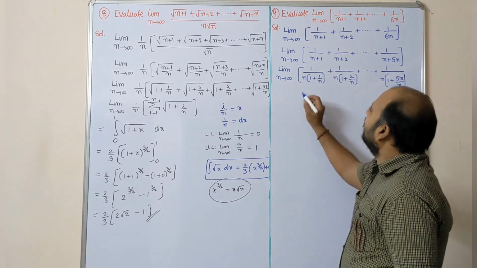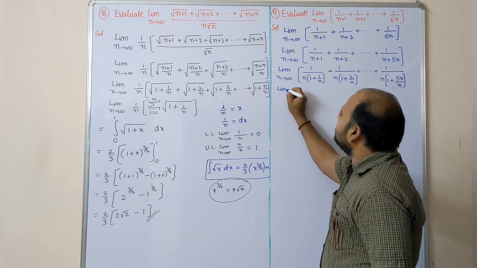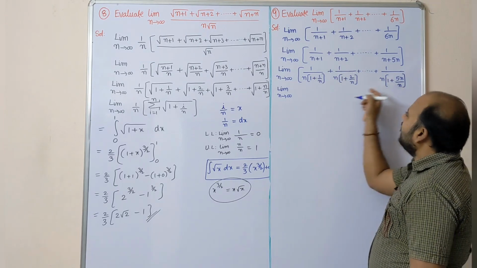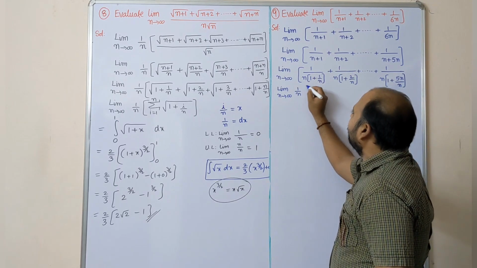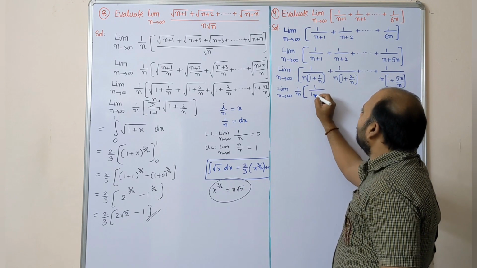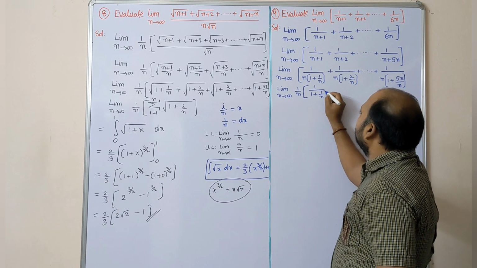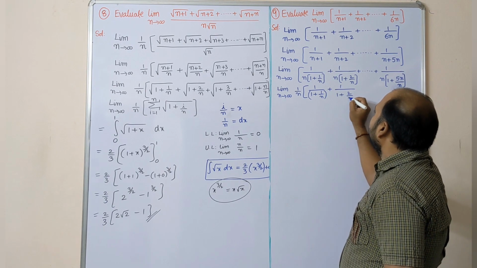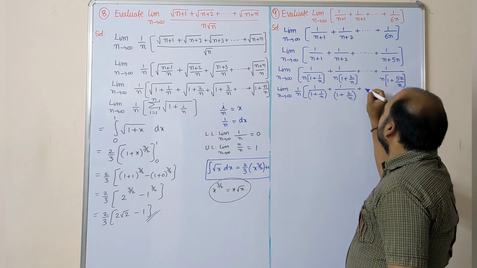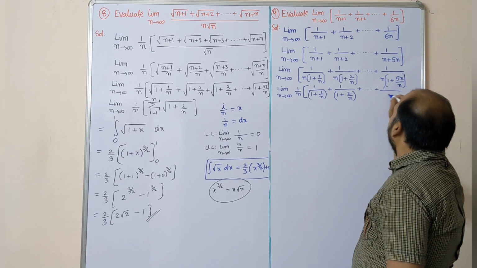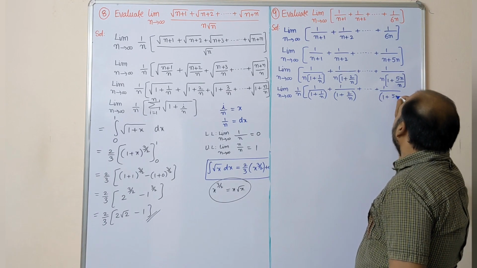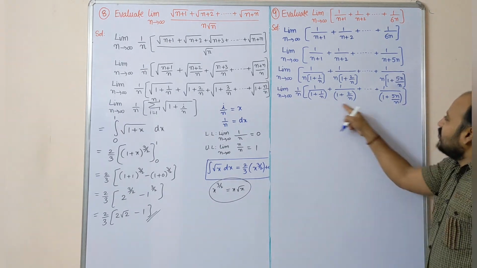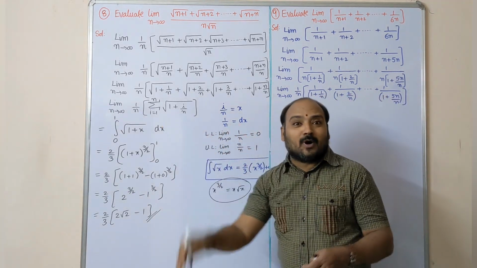So take 1 by n common from all the terms. The limit n tends to infinity, here 1 by n, here 1 by n, here 1 by n, take 1 by n out. The remaining is 1 by 1 plus 1 by n, plus 1 by 1 plus 2 by n, plus and so on 1 by 1 plus 5n by n. This you have to write in terms of sigma.